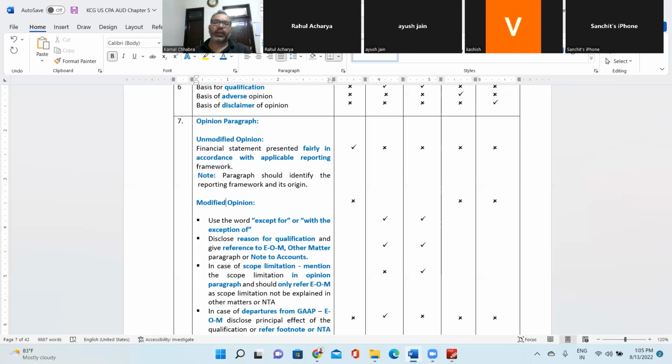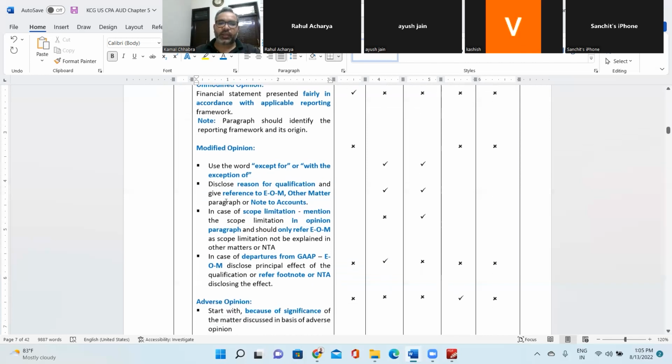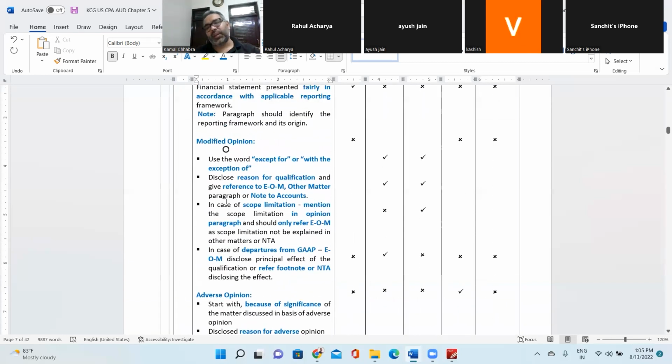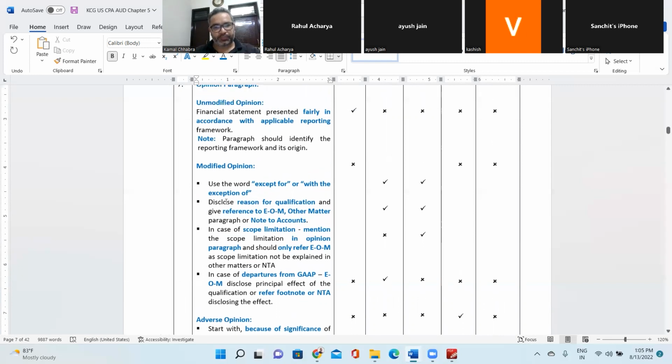One is unmodified, second is modified on account of GAAP issue, modified on account of GAAS issue, adverse opinion, and lastly disclaimer of opinion, right? So these are the 5 types of reports. If you see, first is unmodified opinion, second is modified, third is adverse, fourth is disclaimer. So modified opinion here is for GAAP issue or GAAS issue, both.